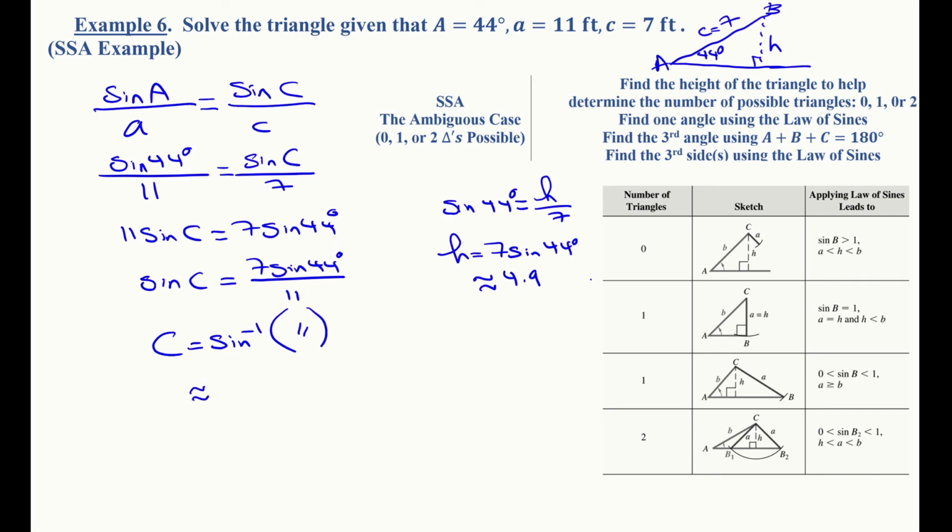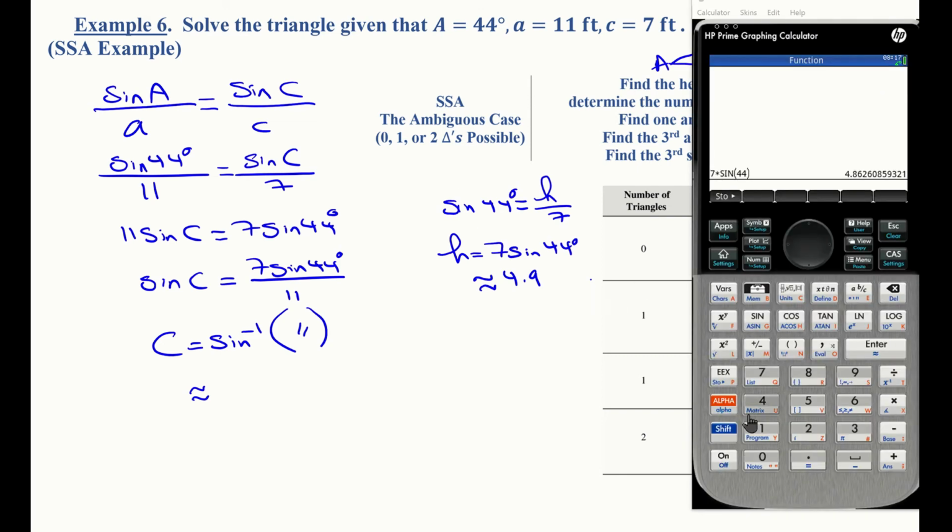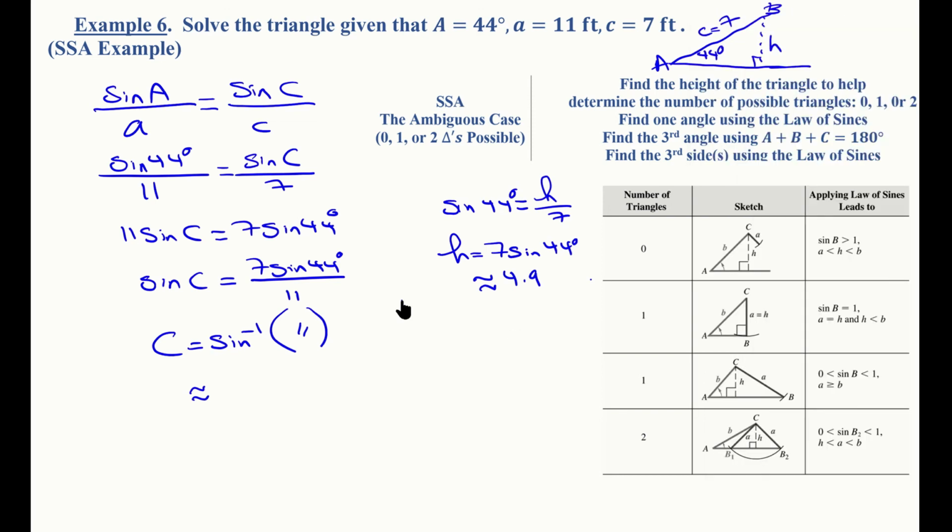So let's see what that turns out to be. Let's bring up the calculator again. All right, so we start with the inverse sine. Make sure you don't forget that. And we have 7 times sine of 44, divided by 11, and we end up with approximately 26.2 degrees.